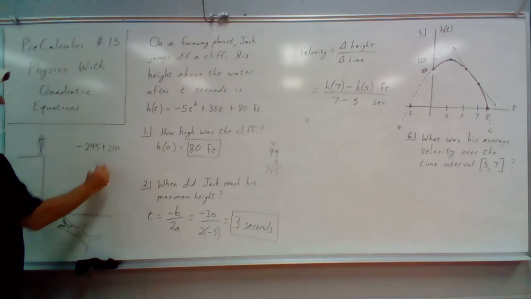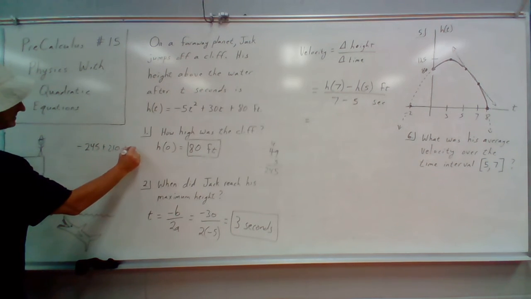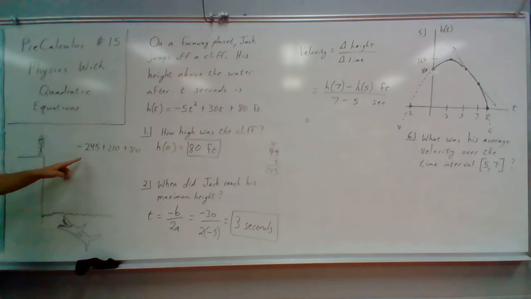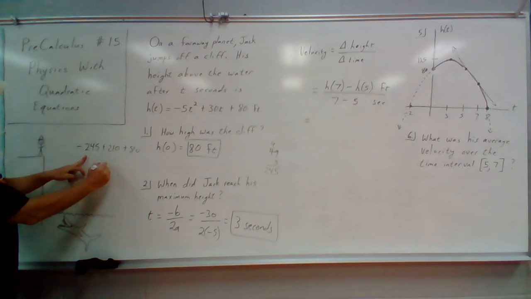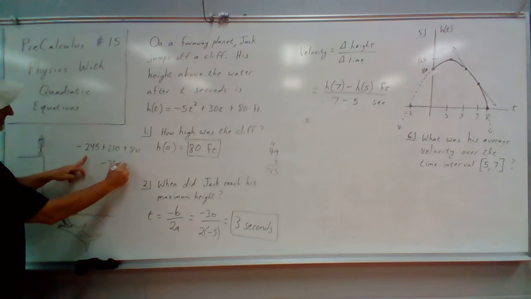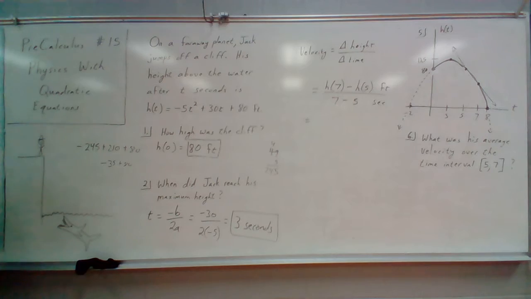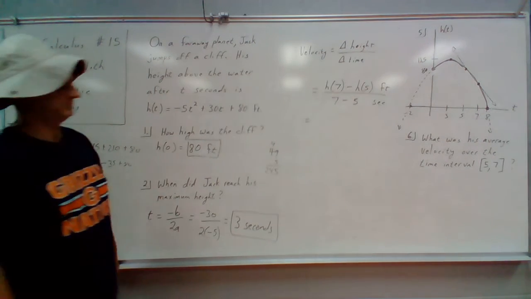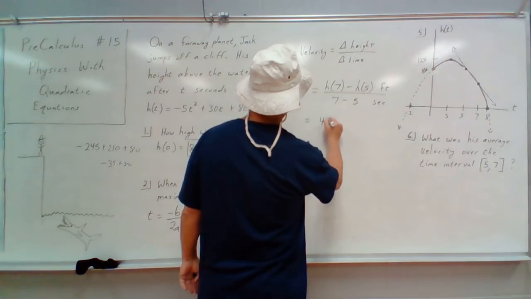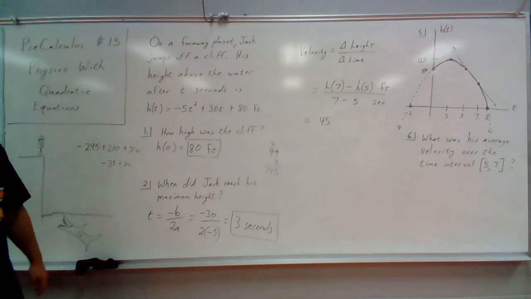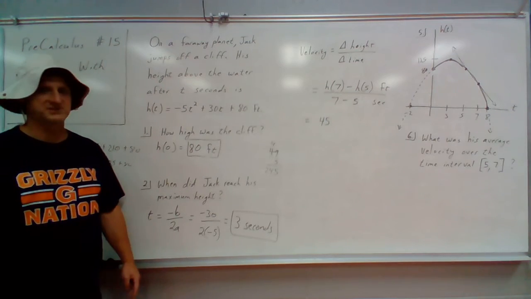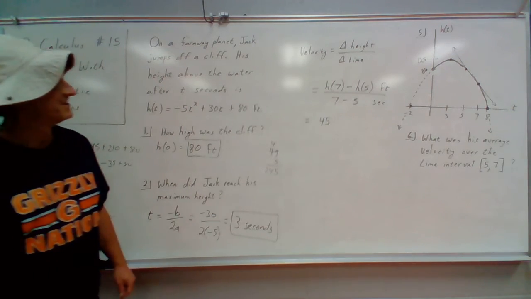Plus 210 plus 80. All right, so negative 245 plus 210 is negative 35, plus 80. 80 minus 35 is 45. Obviously, you can use a calculator to do that arithmetic, and you should probably check what I just did. I might have made a mistake there.